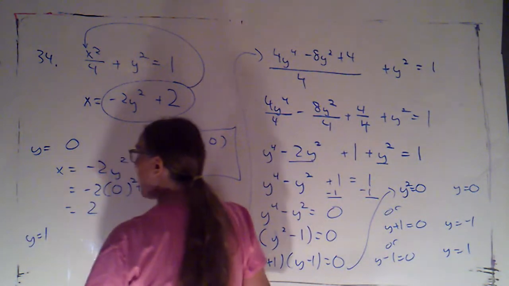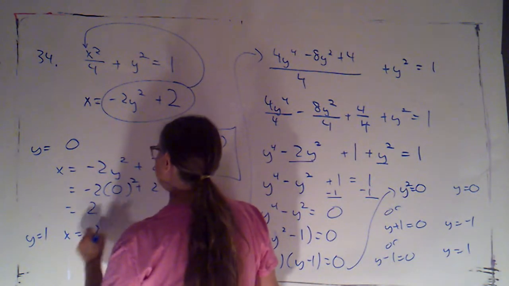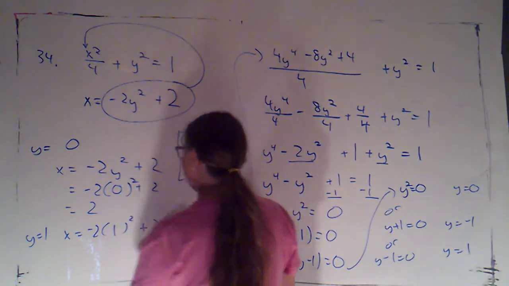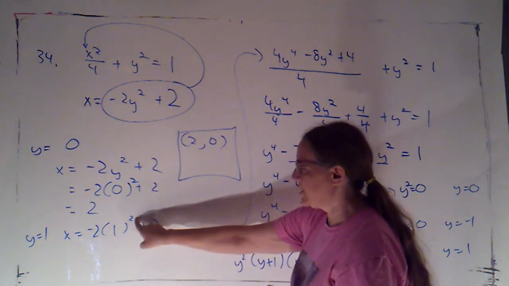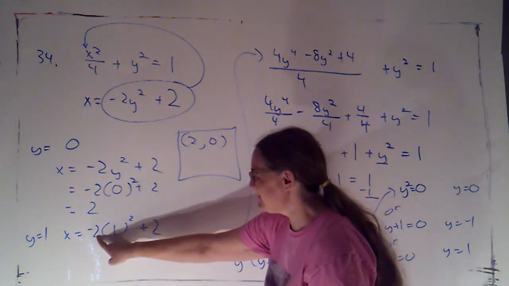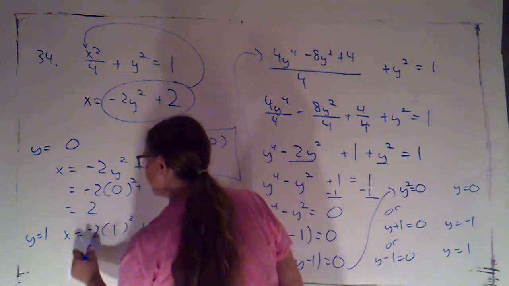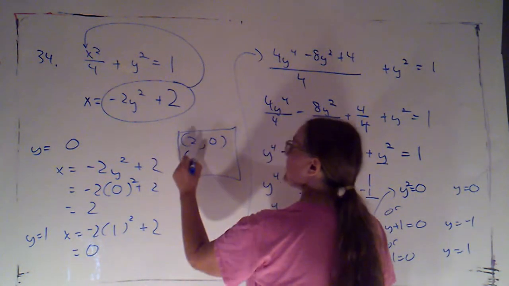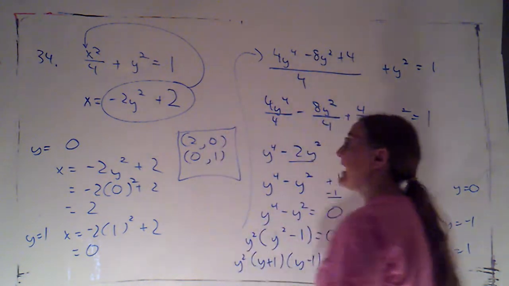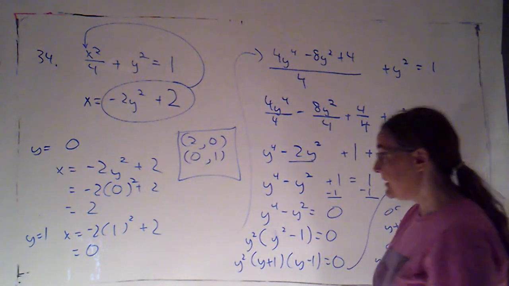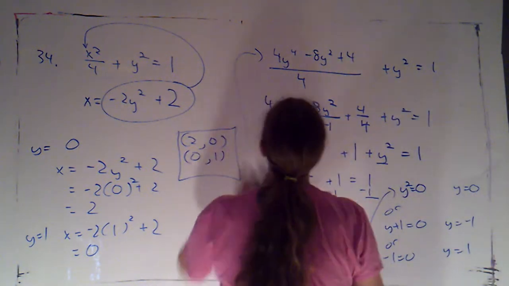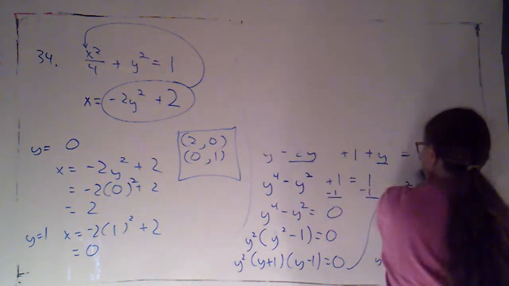Now if y is 1, then x is negative 2 times 1 squared plus 2. 1 squared is 1, times negative 2 is negative 2 plus 2. That's going to give me 0. So I'm going to have the point where x is 0 and y is 1. And let's just try if y is negative 1.